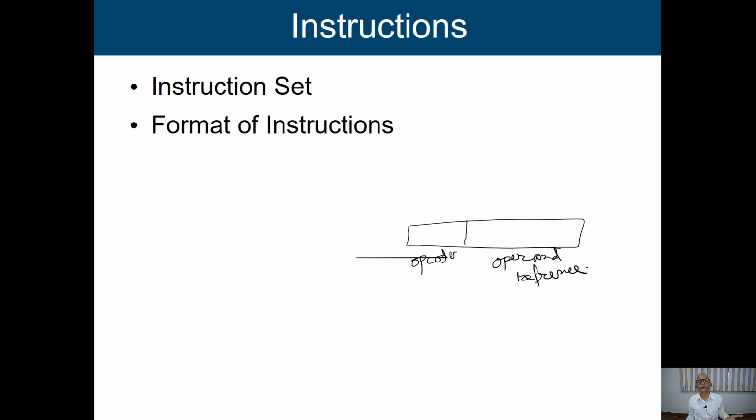So this is the format. We have to be clear about the format of each and every instruction. Secondly, we have to be clear about the tasks performed by each and every instruction. These are the issues in a nutshell.